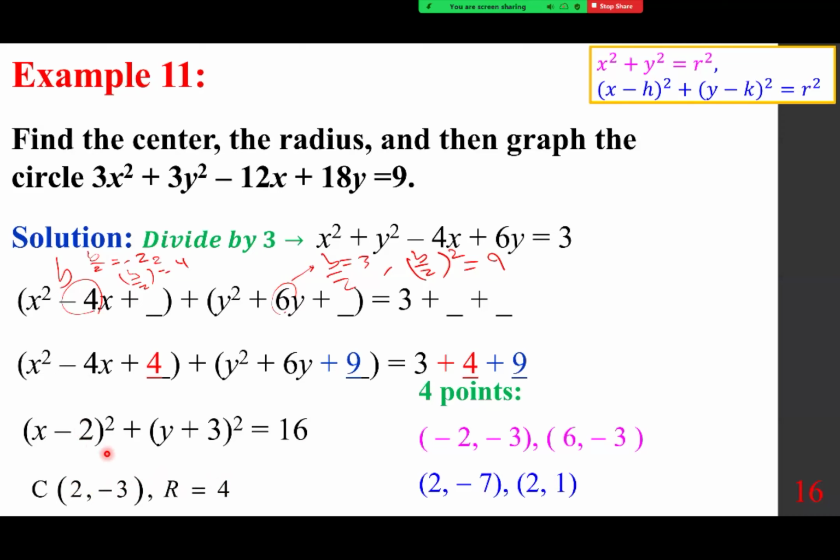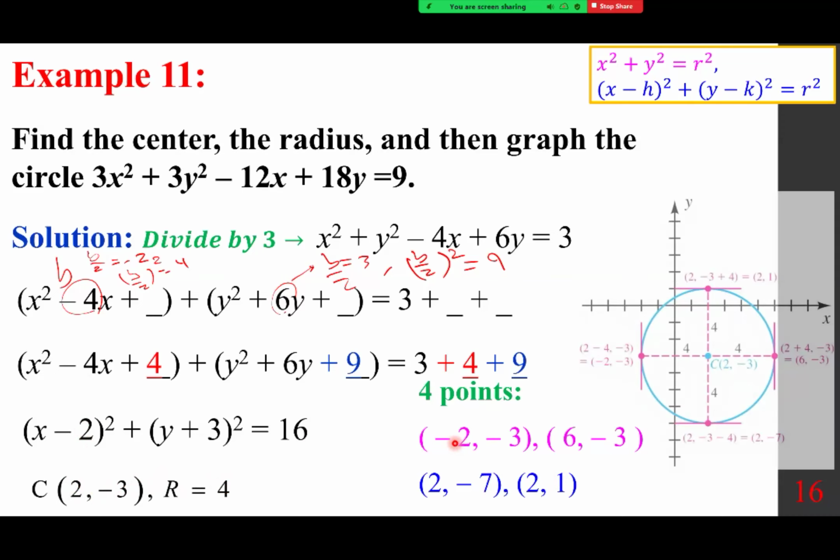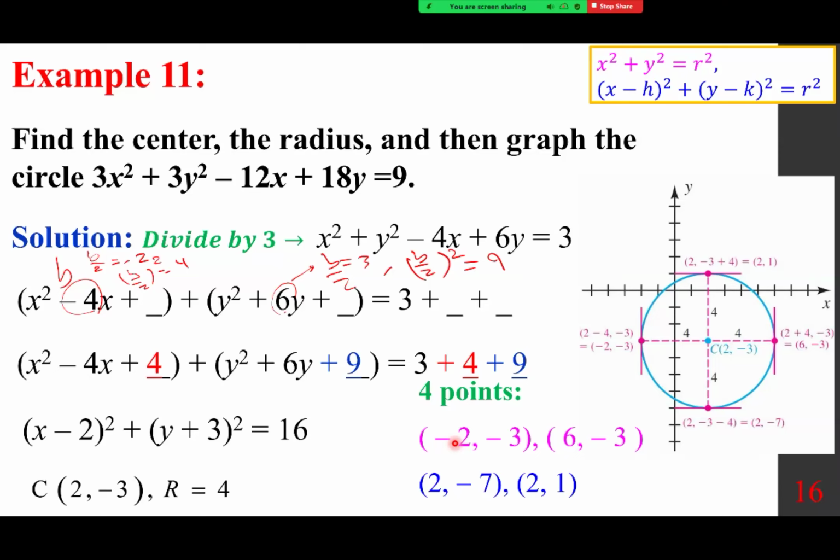If you subtract 4, you get minus 2. And it looks like that. So from the center, 2, negative 3, you add 4 units and you subtract 4 units from the x. You also add 4 units and subtract 4 units to the y. So those are the 4 points that will help us graph. So take a look at what we have here. It's really nice. It explains everything.